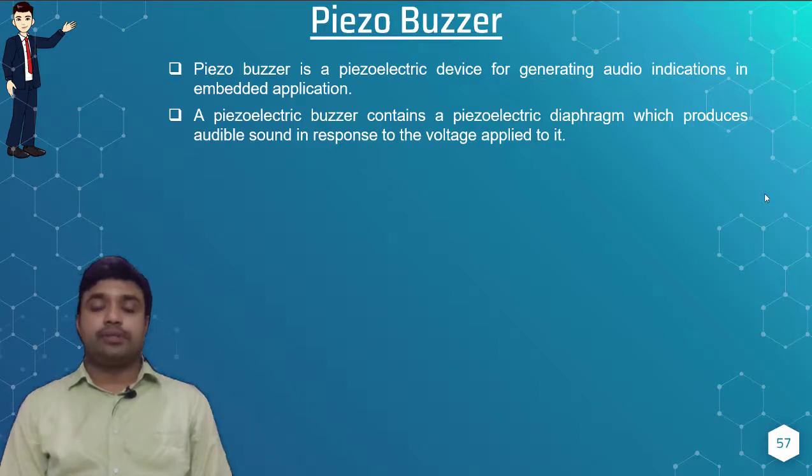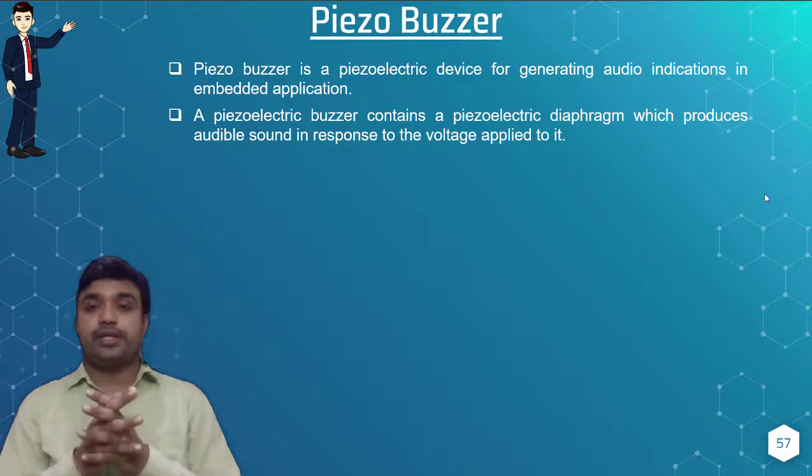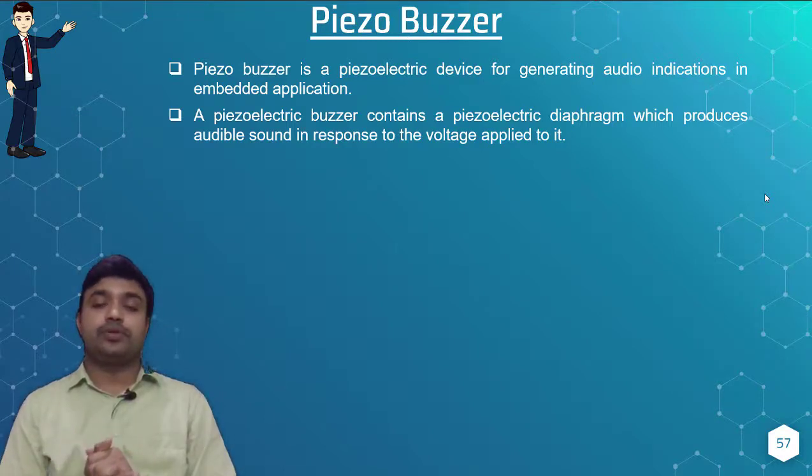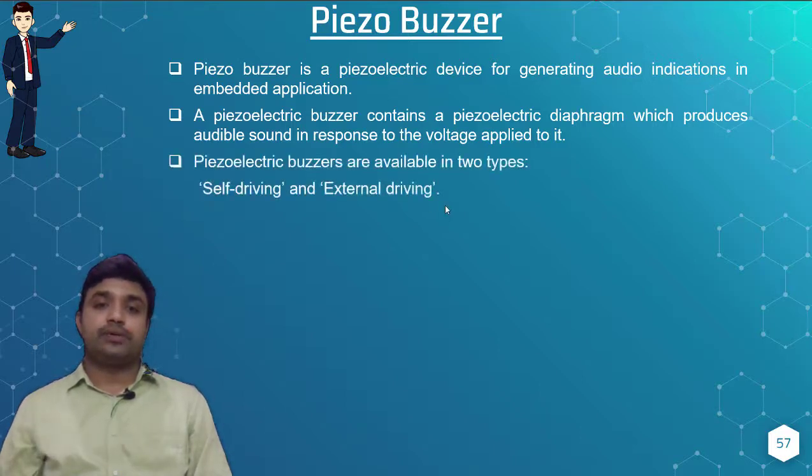That means, what is the piezo effect? By applying some force, automatically that material is going to produce some electricity. So that is the mechanism. So a piezoelectric buzzer contains a piezoelectric diaphragm which produces audible sound in response to the voltage.